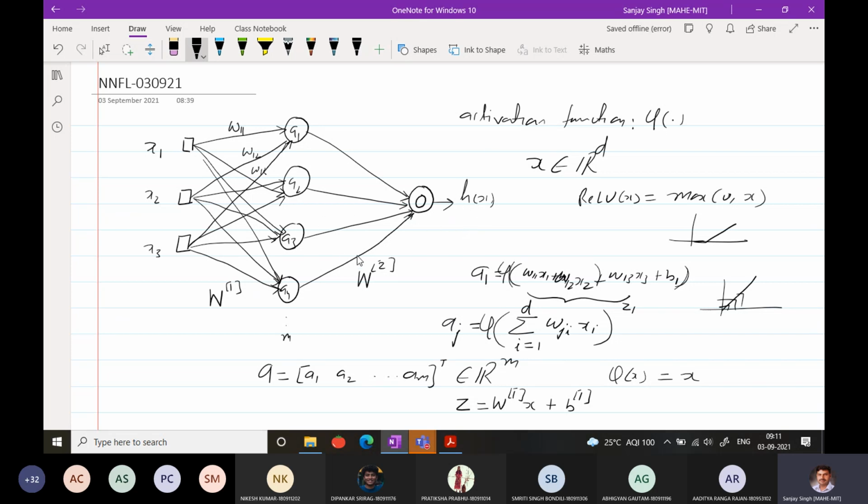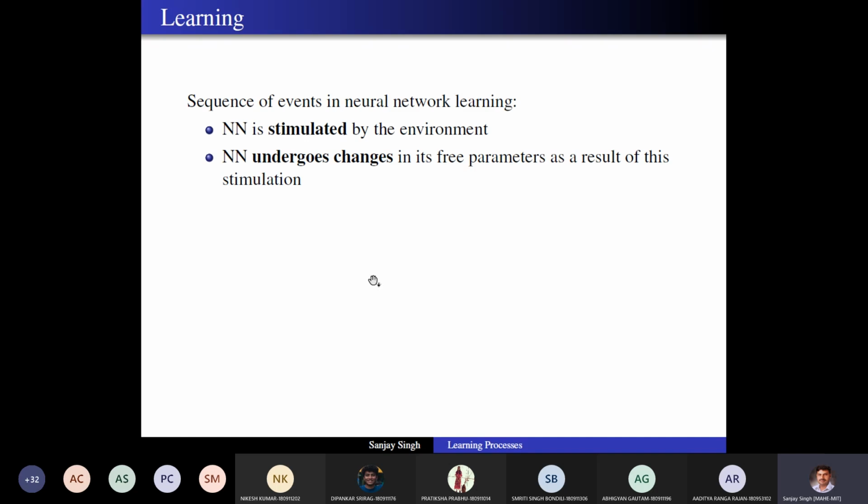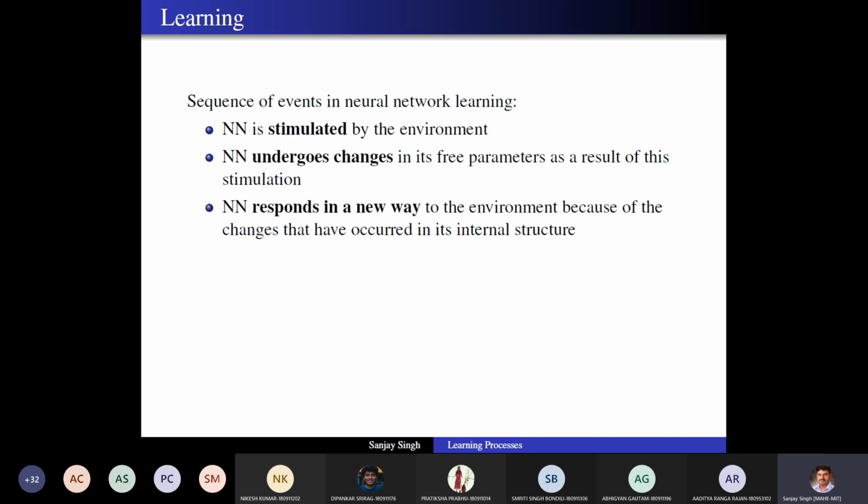While propagating back, in due course of the process, this bias changes, this weight changes, this weight changes, and finally this bias also changes. So the statement which I gave here, the neural network undergoes change in free parameters as a result of this stimulation, happens in the backward pass.